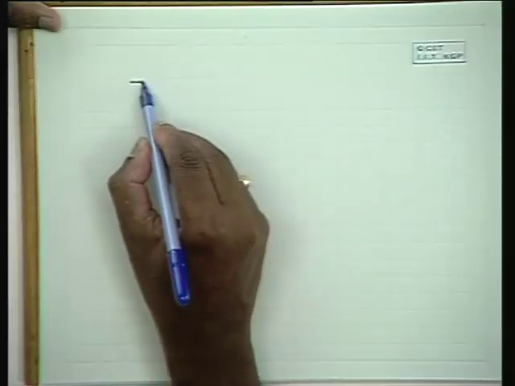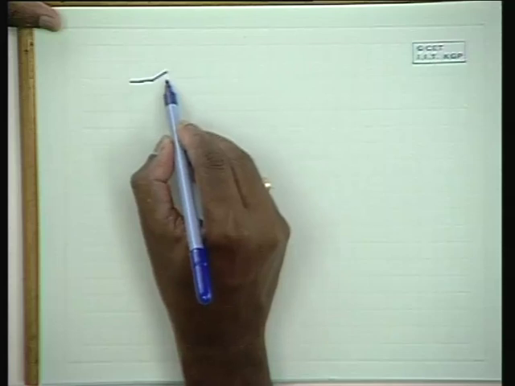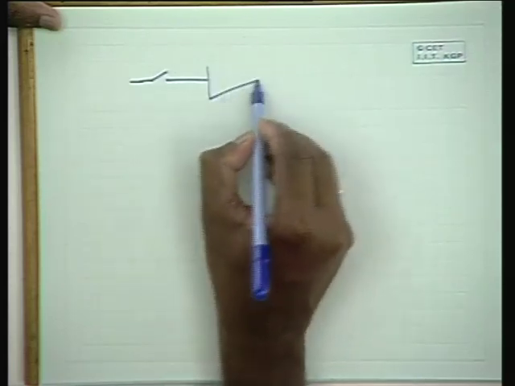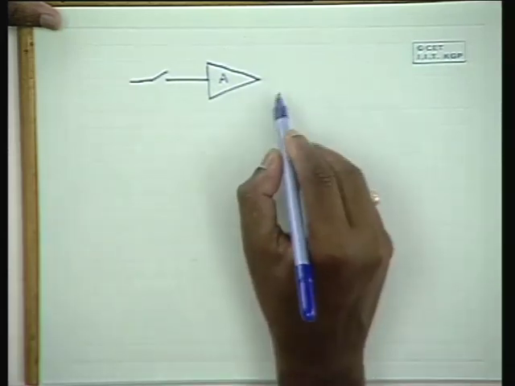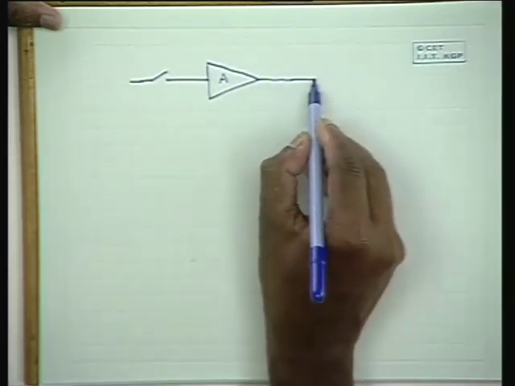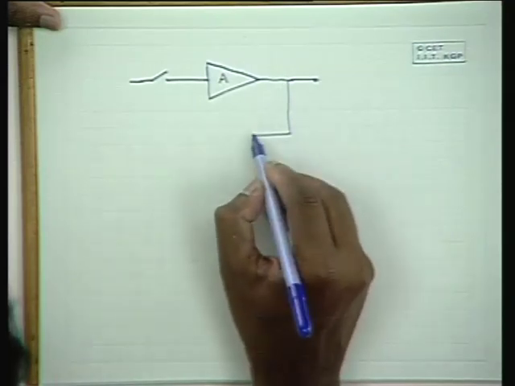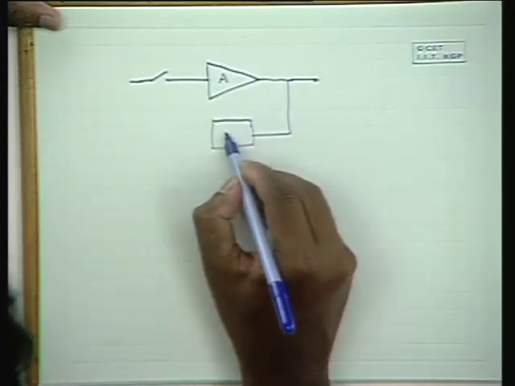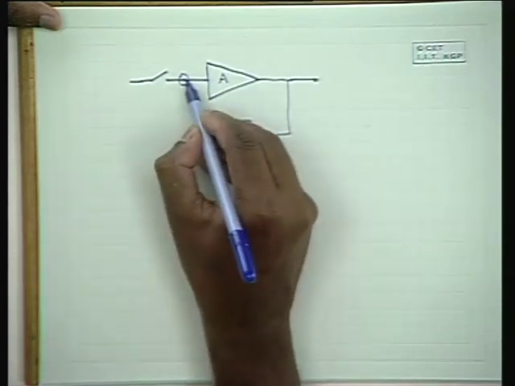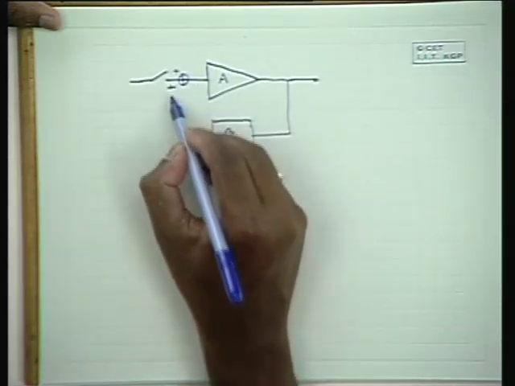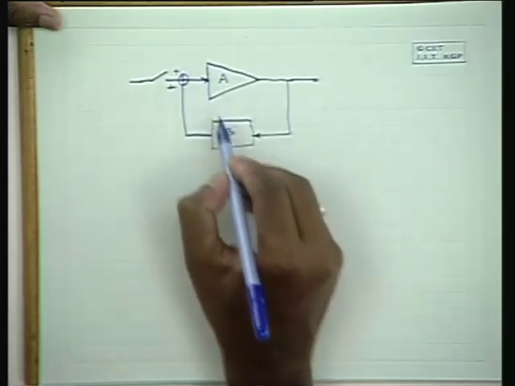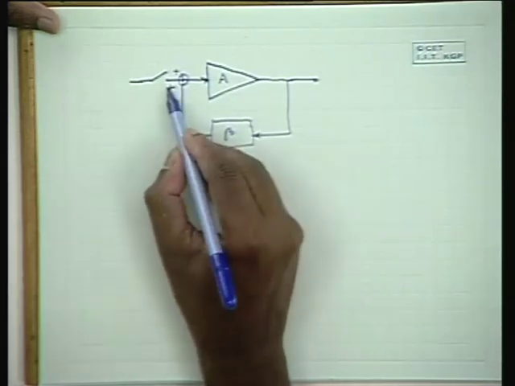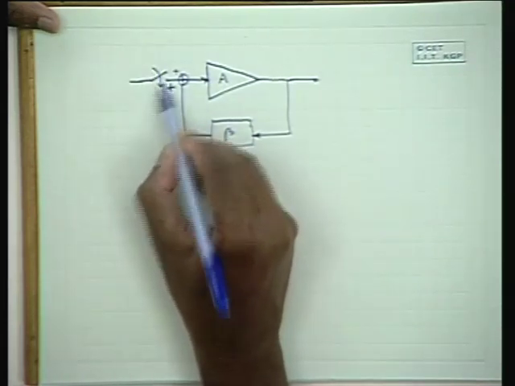Now, let us discuss how oscillations can be produced. Let us consider an amplifier. This is an amplifier with gain A, and say there is a feedback network beta, and a feedback voltage is applied to the input and added to the input, and this is a switch.